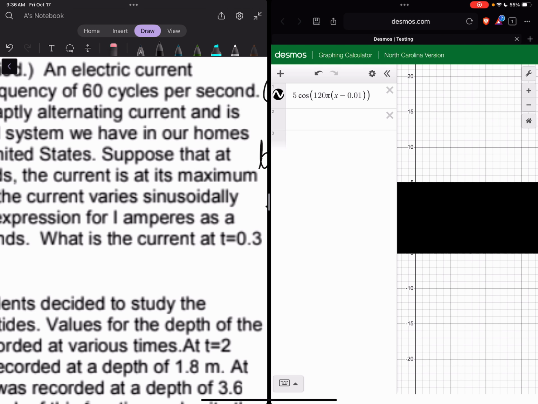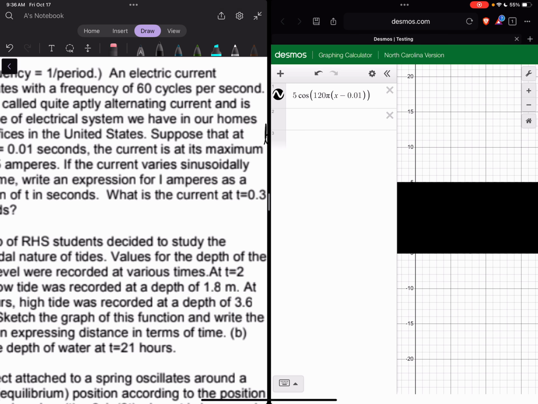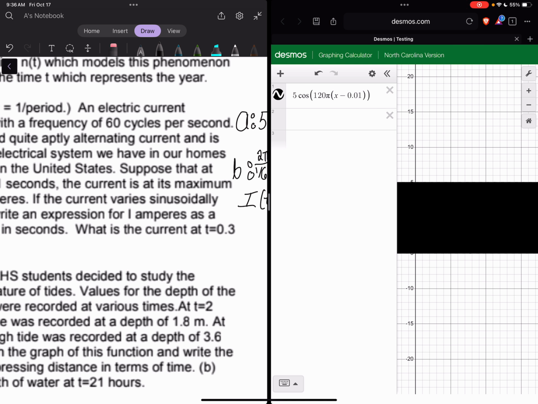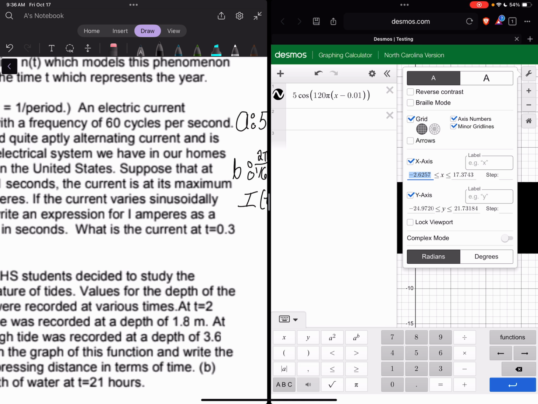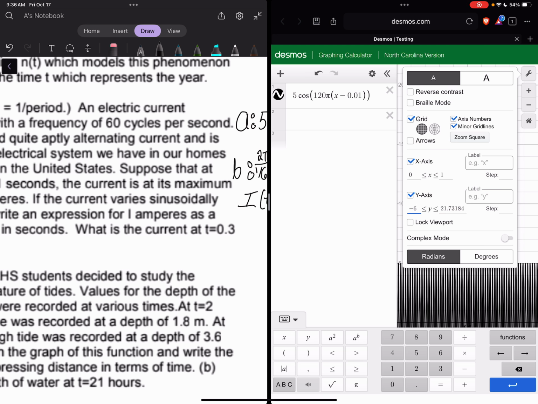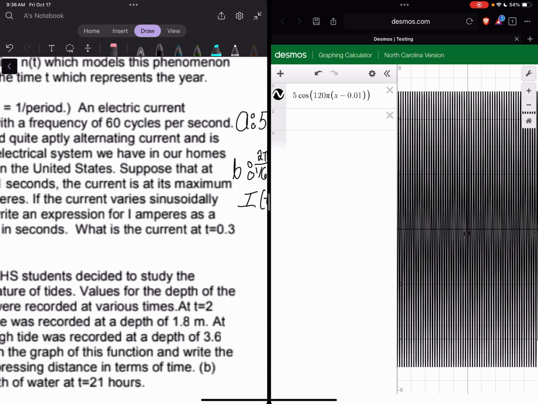Well, let's read the question first. What is the current at t equals 0.3 seconds? So you might think, I'm going to have 0 to 1 second because 0.3 is between that. And I can go negative 5, but I'm going to put 6 and negative 6 to get both sides.